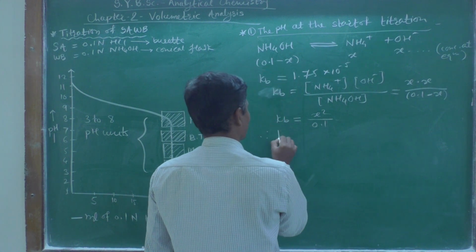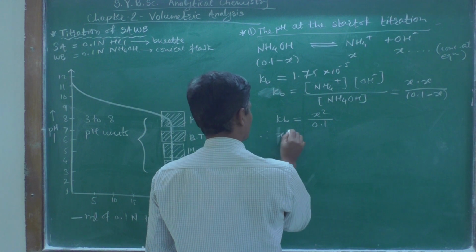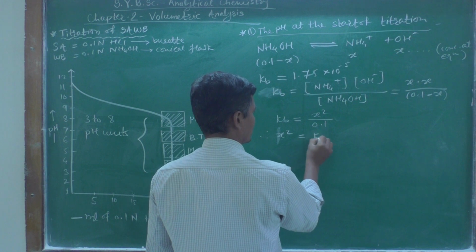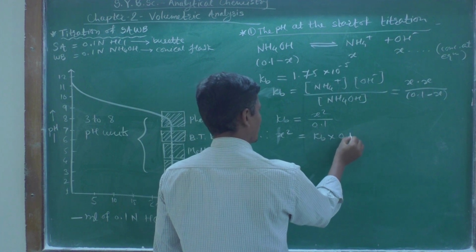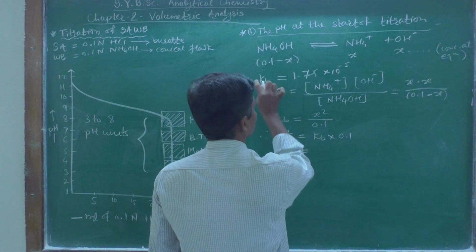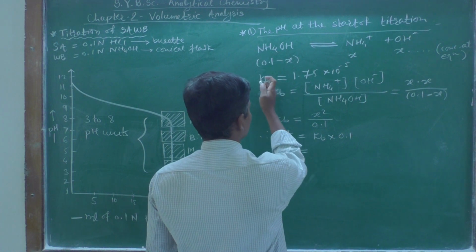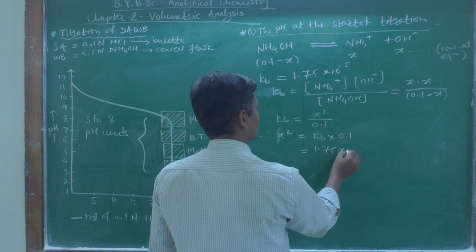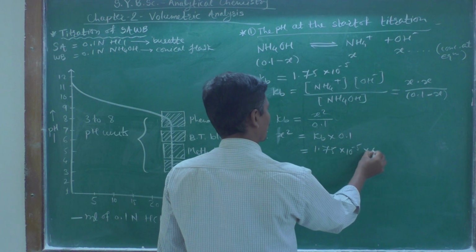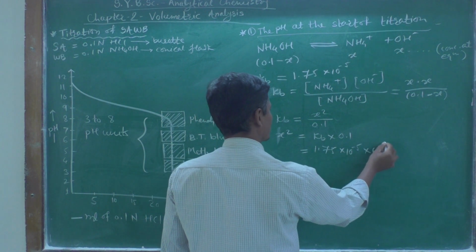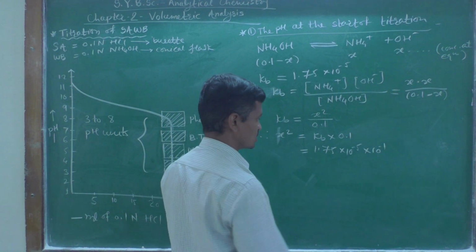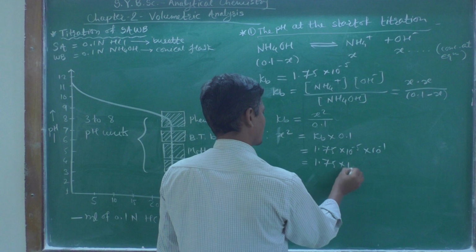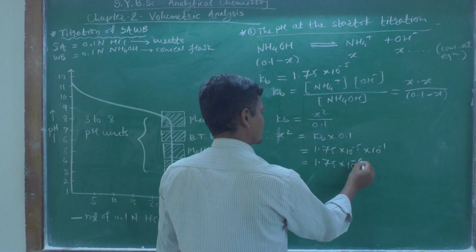Therefore X square is equal to Kb into 0.1. The Kb is a constant figure given in the literature. So 1.75 into 10 raised to minus 5 into 0.1, which is 10 raised to minus 1, so X square becomes 1.75 into 10 raised to minus 6.